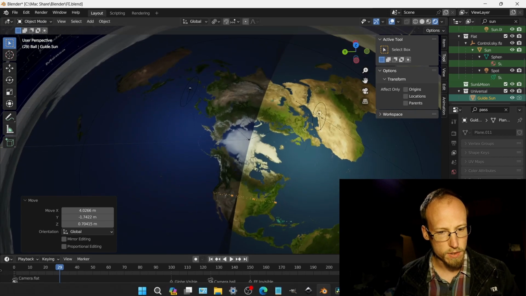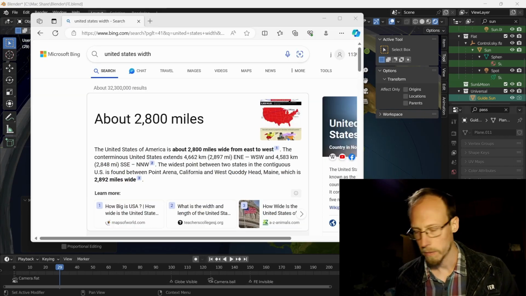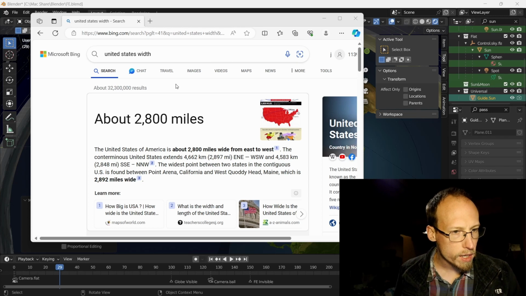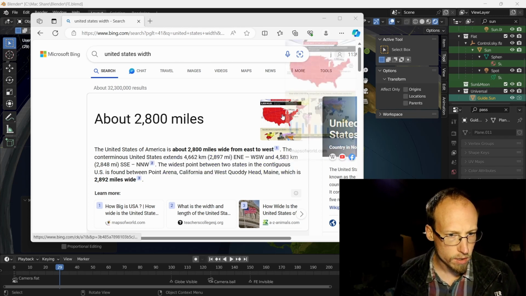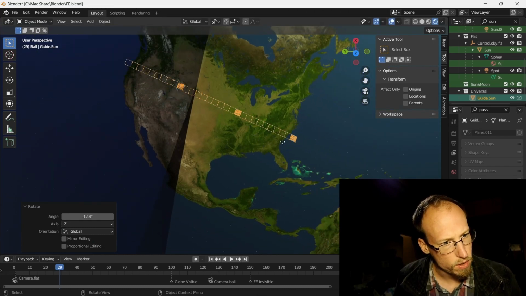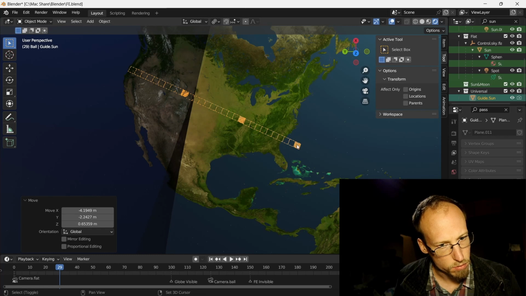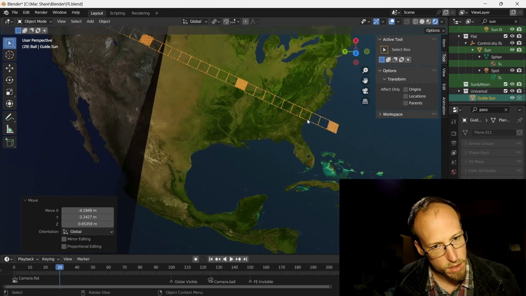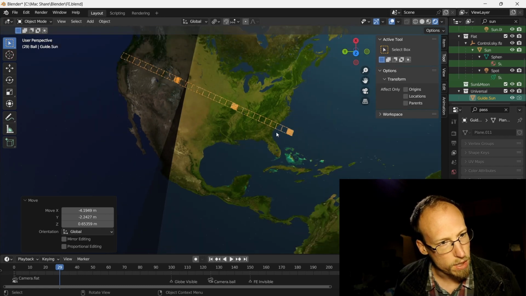The United States is about 2,800 miles from east to west. Yeah, so this is diagonal right now. If we straighten this out, that's roughly 28. Then you've got these two here of the remaining 30.